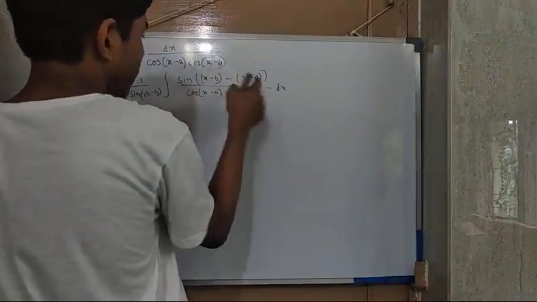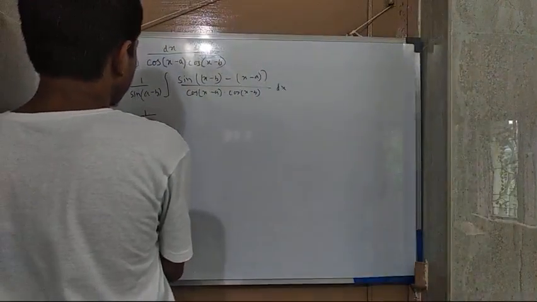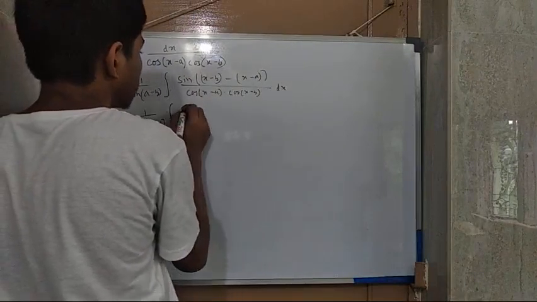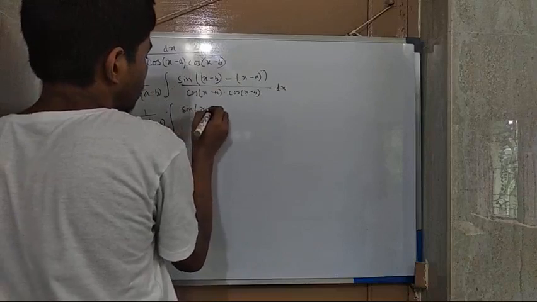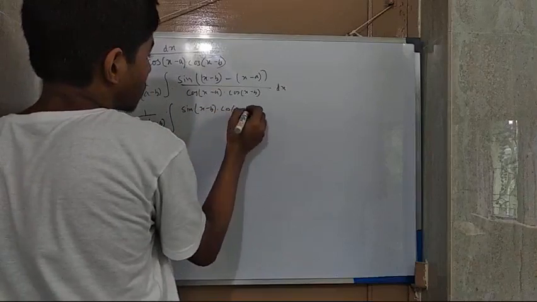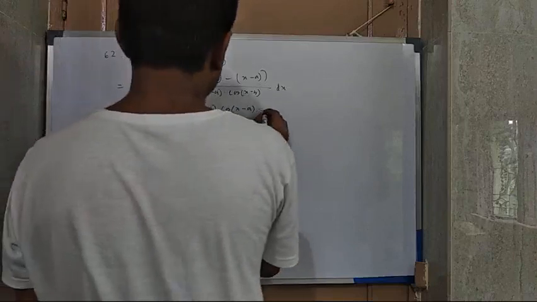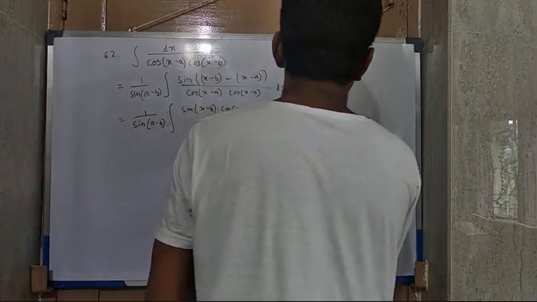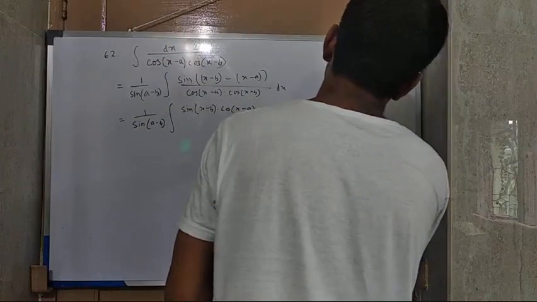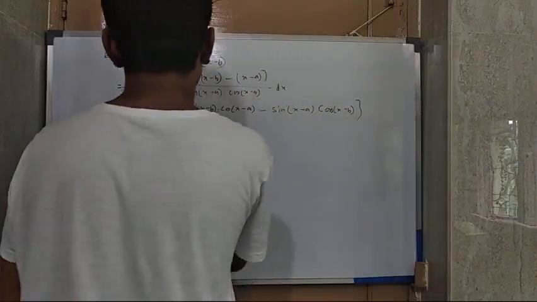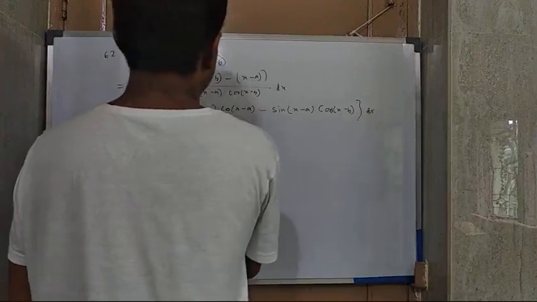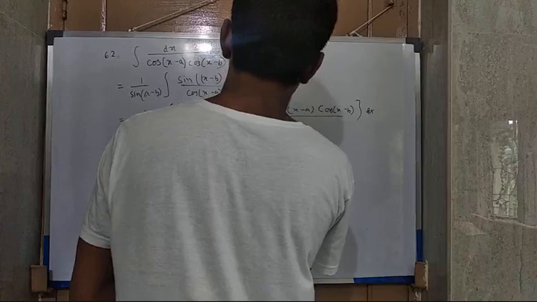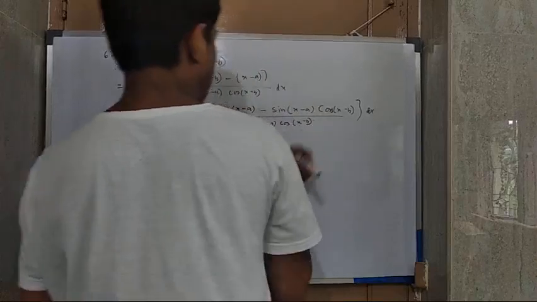Expanding this will give you sine(x minus b) cos(x minus a) minus sine(x minus a) cos(x minus b), dx divided by cos(x minus a) cos(x minus b).